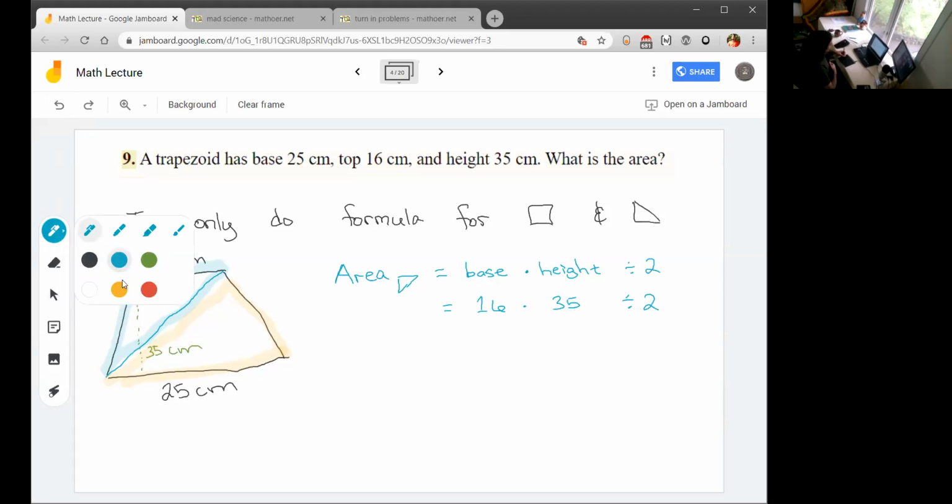And then for the yellow one, oops, I never actually finished with blue, did I?